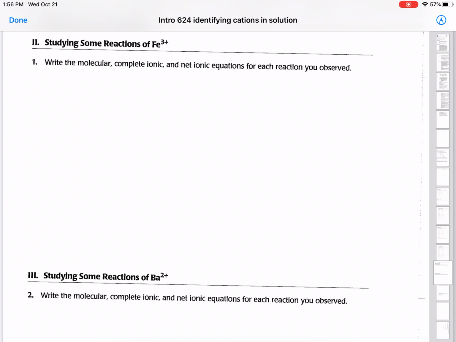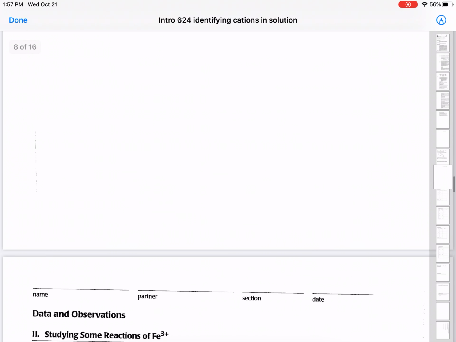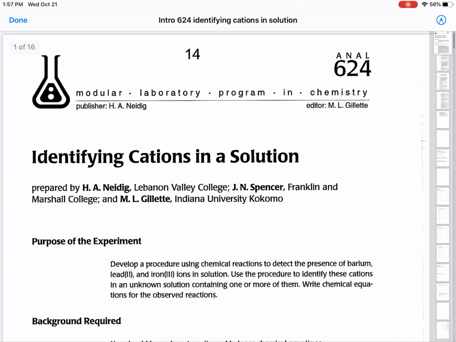So this is our experiment 624, identifying cations in solutions. I hope you guys have read the procedure and also the information that you need to know for this particular experiment.